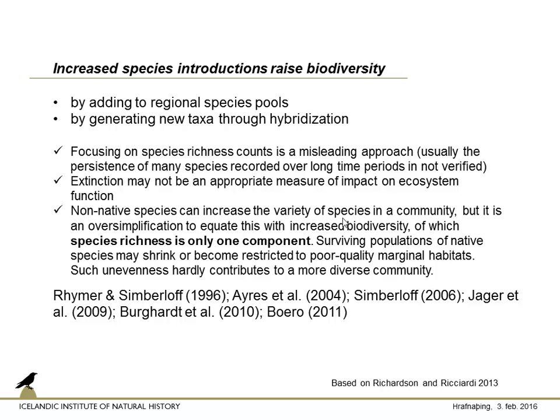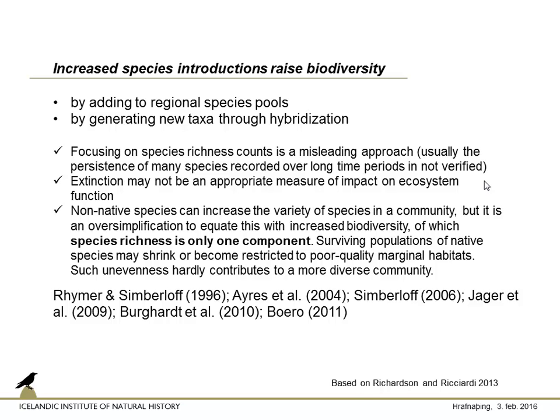Well, when we focus on species richness counts, this is a misleading approach. Usually the persistence of many species that are recorded in such studies is not verified over longer periods of time. Then extinctions may not be an appropriate measure of impact on ecosystem function.